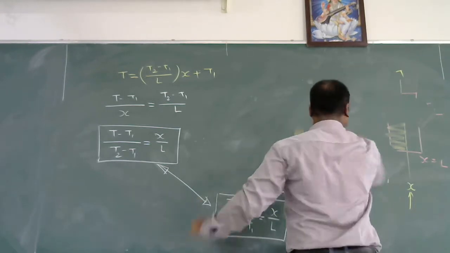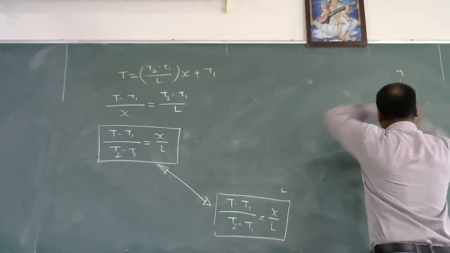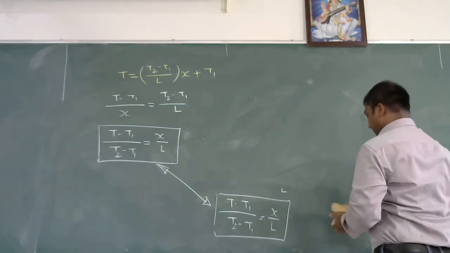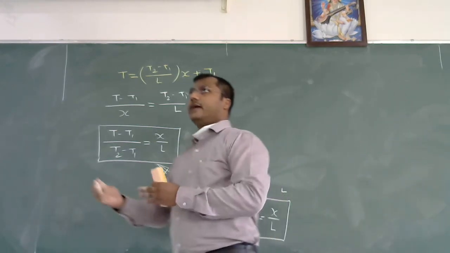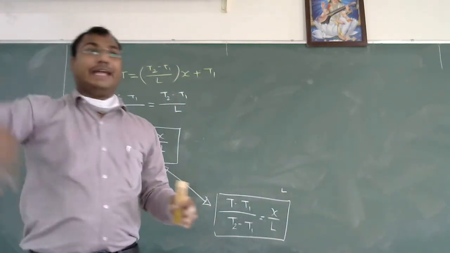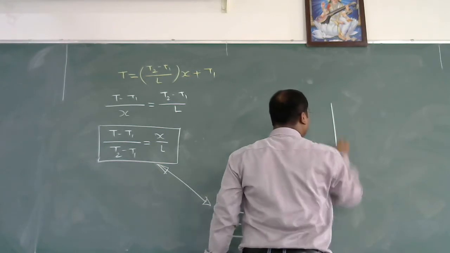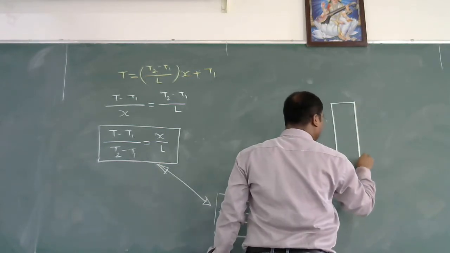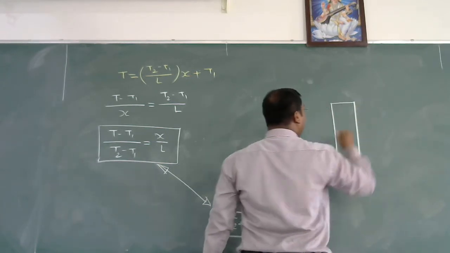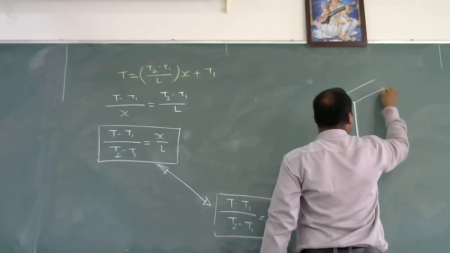Suppose there is one problem. The problem is given something like one plane wall, like this, which is made up of, say, concrete material.